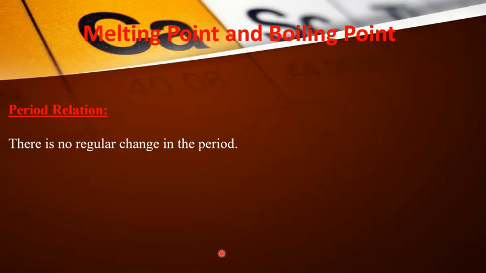That means magnesium is more than sodium, aluminium is more than magnesium, and silicon is more than aluminium. Though silicon is a non-metal, its melting point and boiling point is the highest in the third period. But after silicon, there is phosphorus.